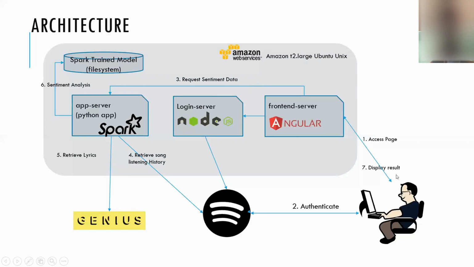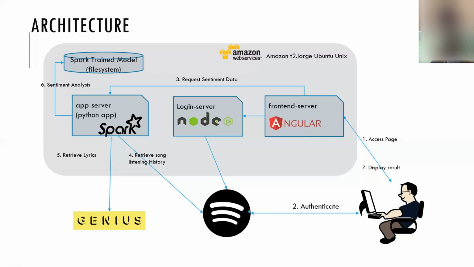The flow works like this. The user accesses our application and the request goes to the Angular page. The first thing that we want to do is to authenticate the user against Spotify because we really want to get the data from Spotify.